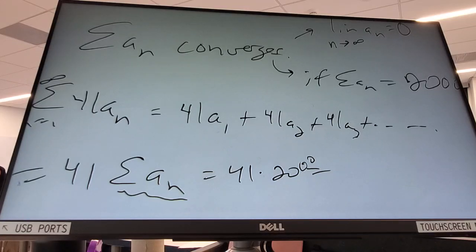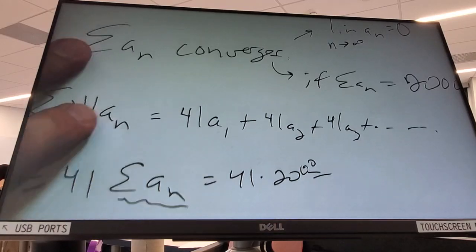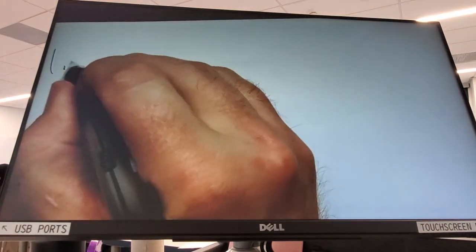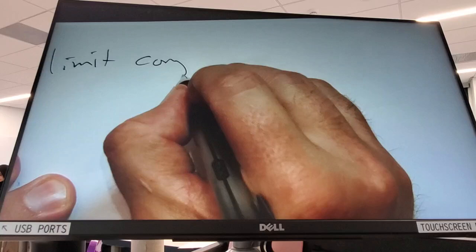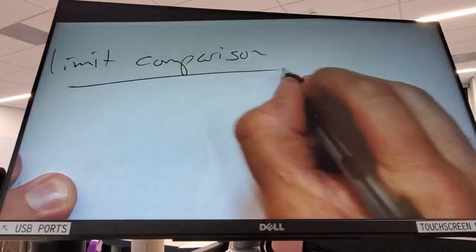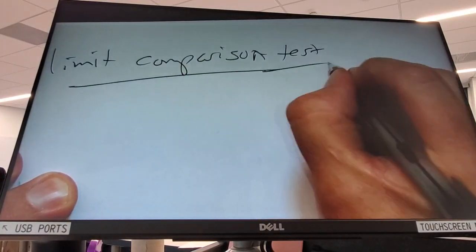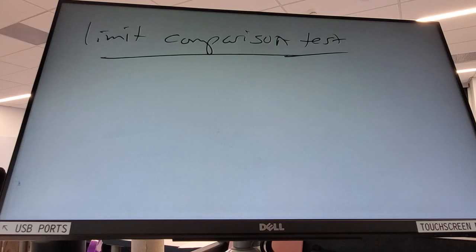Okay. So that's going to play into this somehow. So here's the idea for a limit comparison. Did I put it on here? Thank the gods, I did. The limit comparison test does not always work, but when it does, it's powerful.